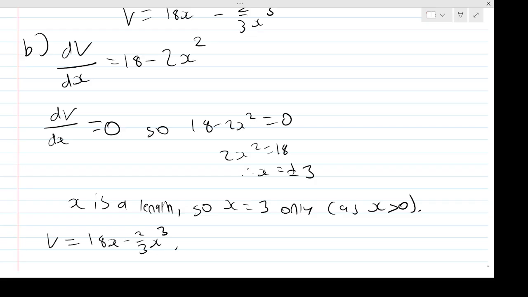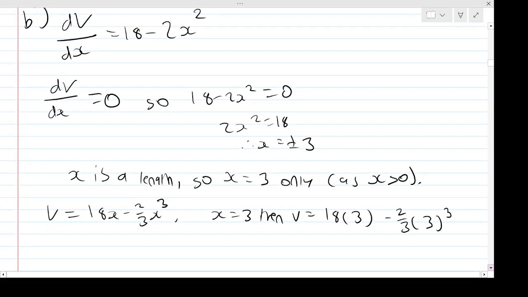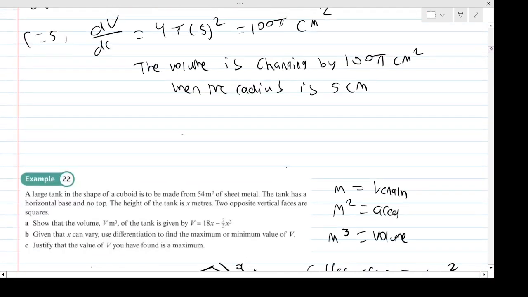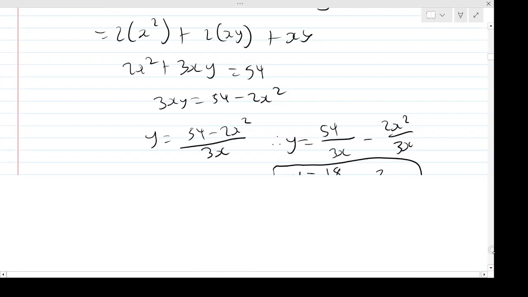So if x is 3, then v is 18 lots of 3 minus 2/3 lots of 3 cubed. That would get me 36, and that would be in meters cubed, my apologies.